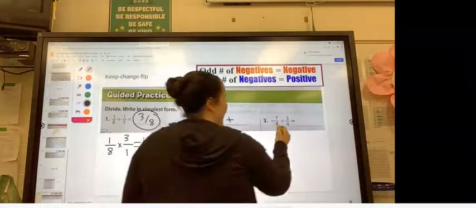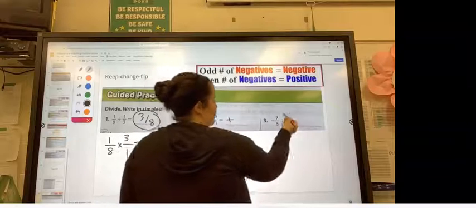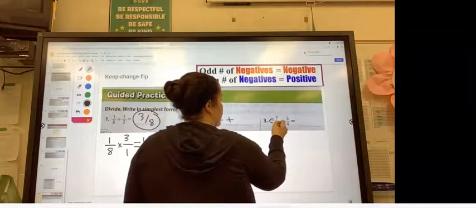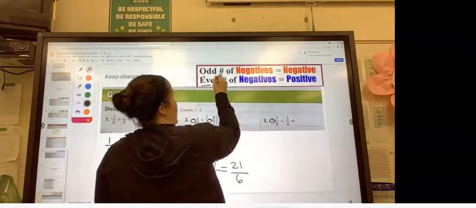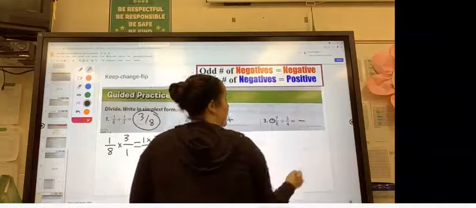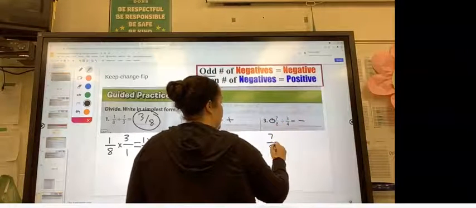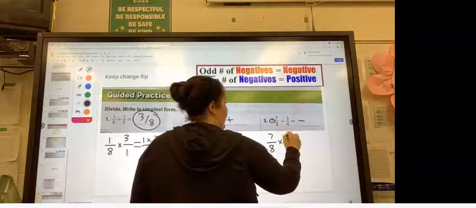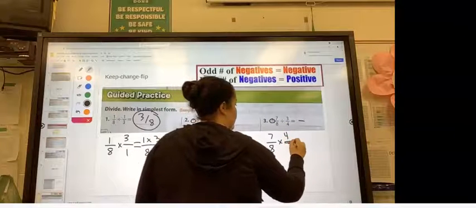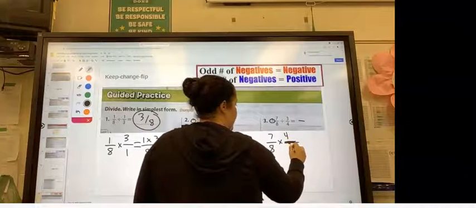You should. Last but not least, we're going to count the negatives here first. There's one negative, that's an odd number, so our answer will be negative. So keep, change, flip. 7/8, keep, change the sign, flip the last one.